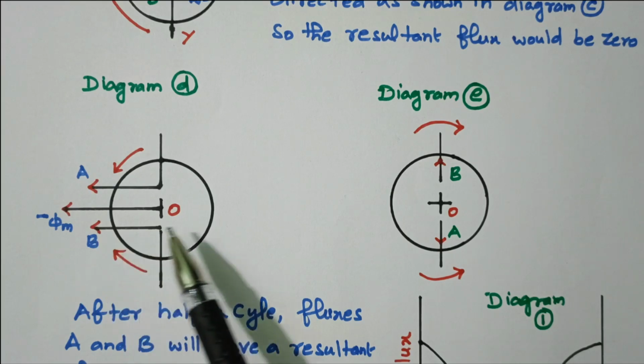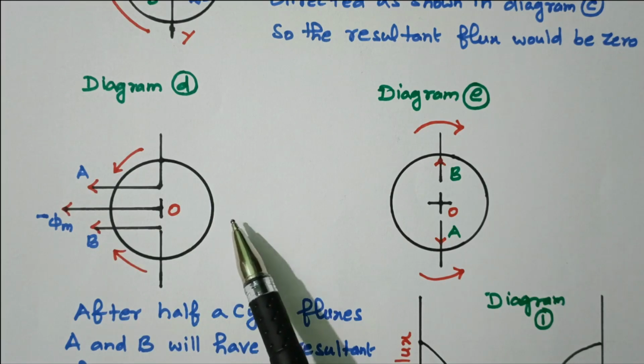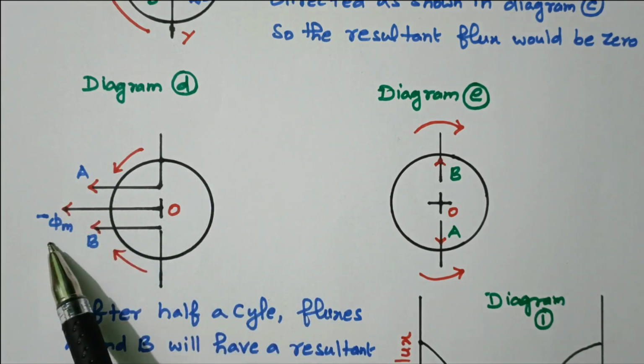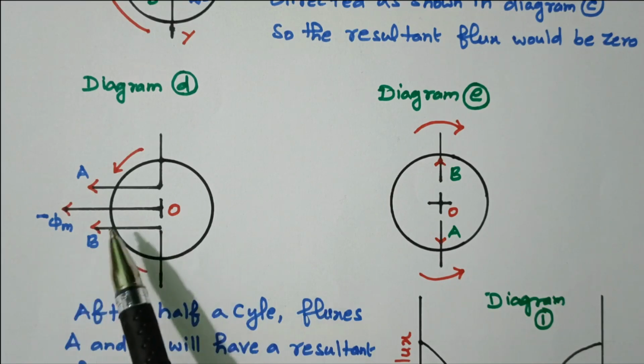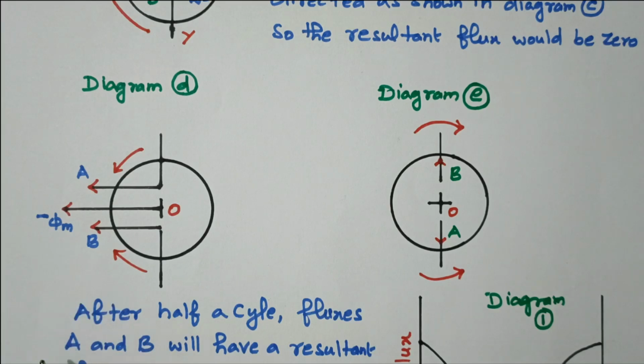That is exactly opposite to that of diagram A. In diagram A it is available on this side, now in diagram D it is available on that side. Now it is minus pi m. While referring to diagram A, it is plus pi m, while after rotating to diagram D, it is minus pi m.